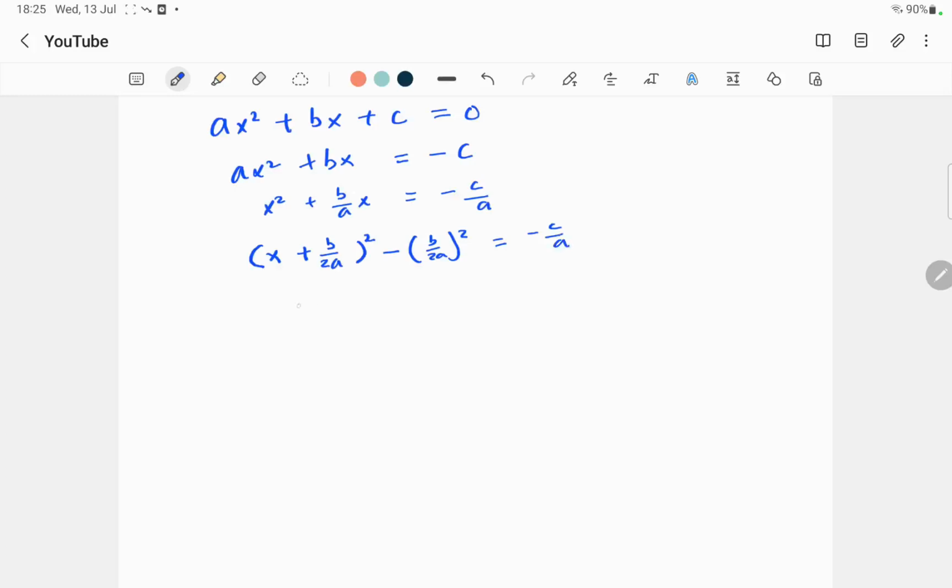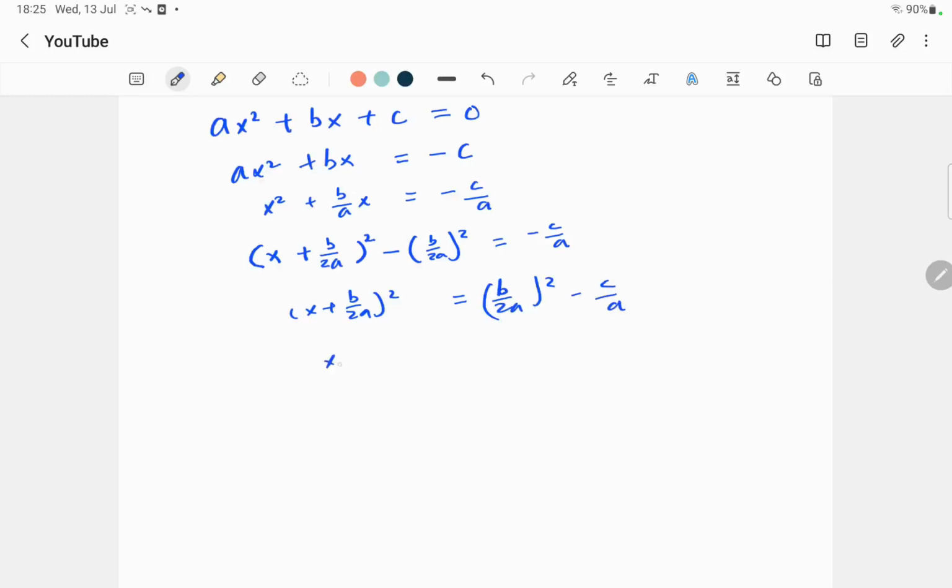Okay? So the next thing is we need to rearrange everything. We are going to move this term to the right hand side. When you move this term to the right hand side, it becomes b over 2a squared minus c over a.